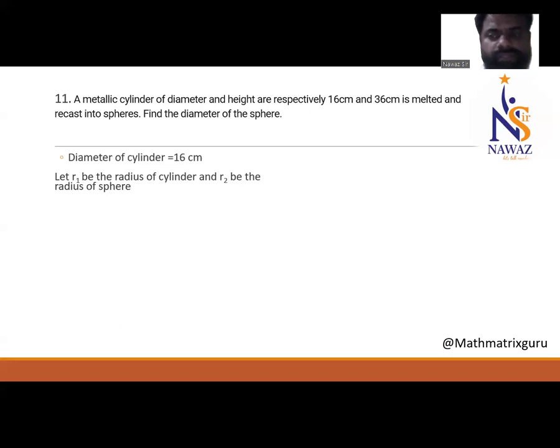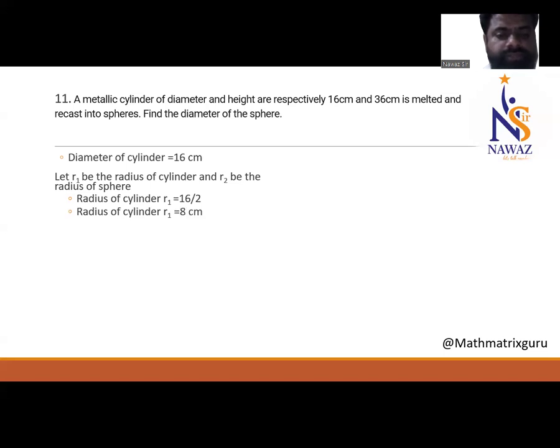So when the diameter of the cylinder is 16 centimeter, radius of the cylinder R1 equal to 16 by 2. Radius will be half of the diameter, so radius of the cylinder is 8 centimeter.